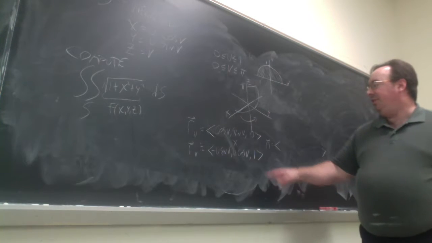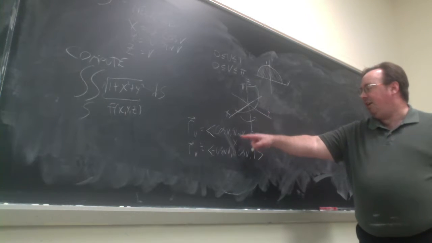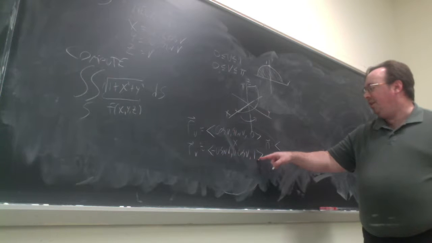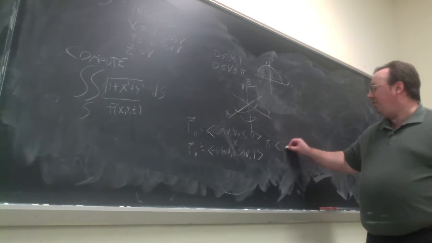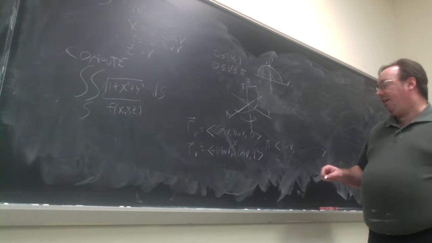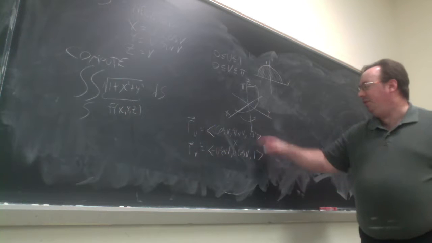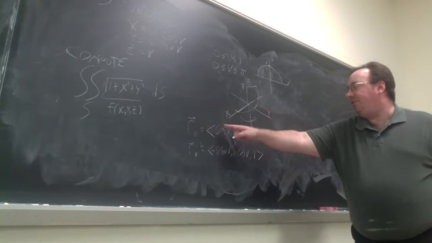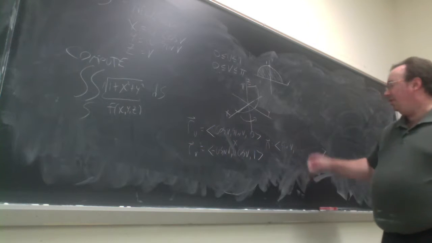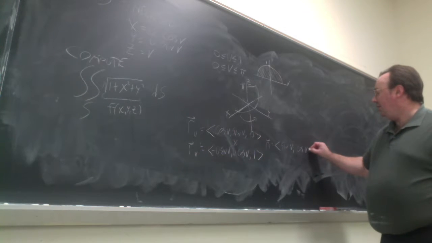So you would cross multiply, so sine v times 1 minus cosine v times 0. So our first component is only sine v. Then the second component would be 0 times minus u sine v minus cosine v times 1. So that would give us cosine v.